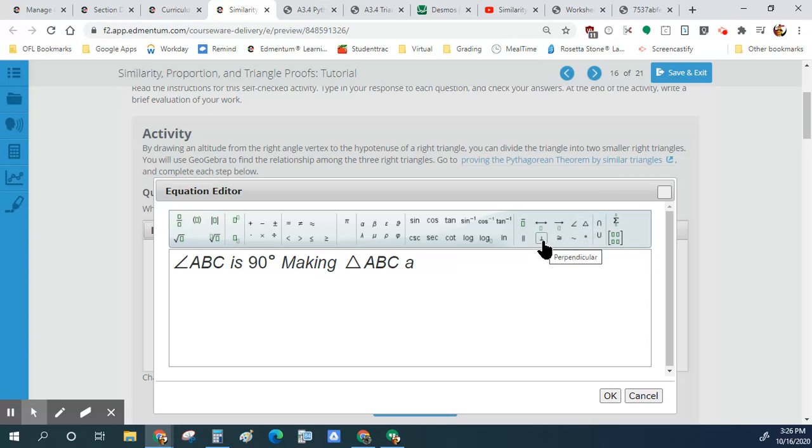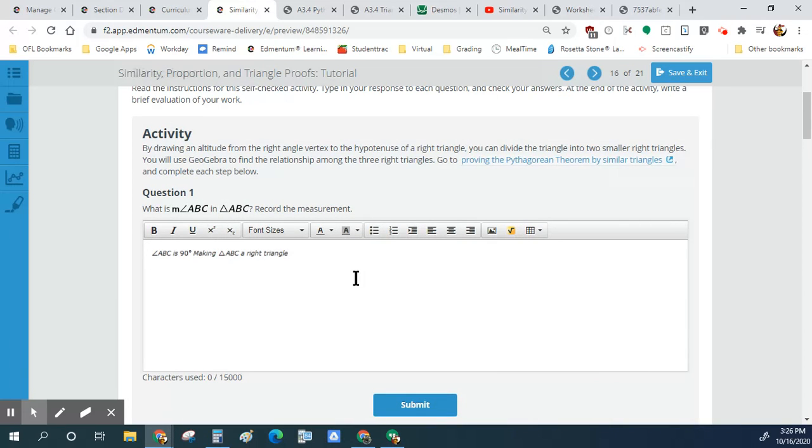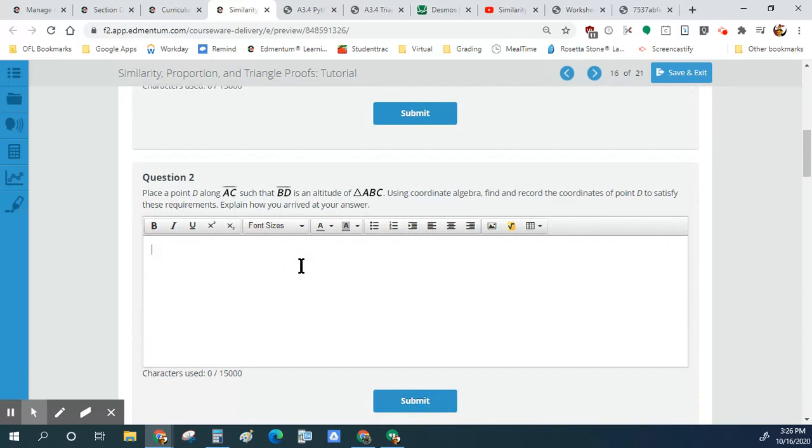Oh, well, they have a perpendicular symbol. I thought they would have the right angle symbol. Right triangle. Oh, it's a right triangle. All right, cool. So now find a place to put a point D along there.